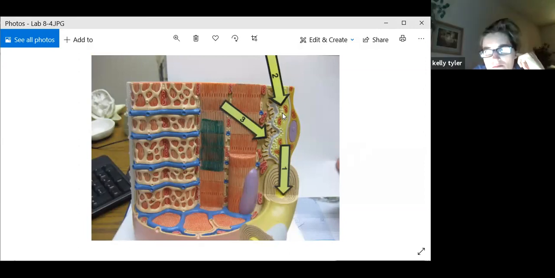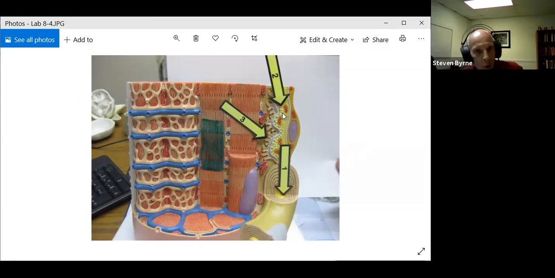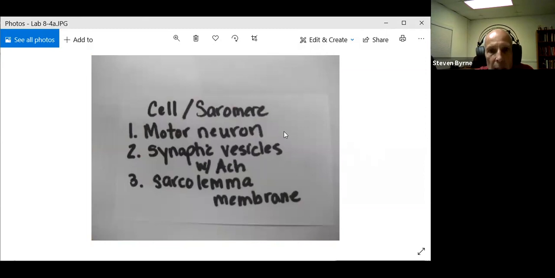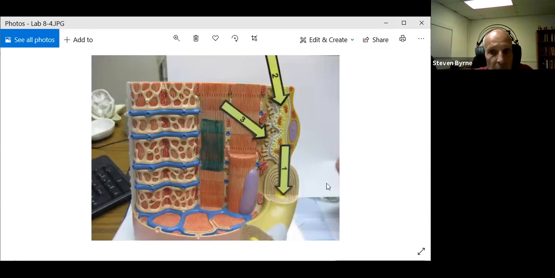Those dots are the little receptors for acetylcholine. And then number 3 is the muscle side, the sarcolemma. Let's see if we got that correct. Motor neuron, synaptic vesicles with ACh, and sarcolemma membrane. That's what we said: motor neuron, the little vesicles with acetylcholine, and the sarcolemma.